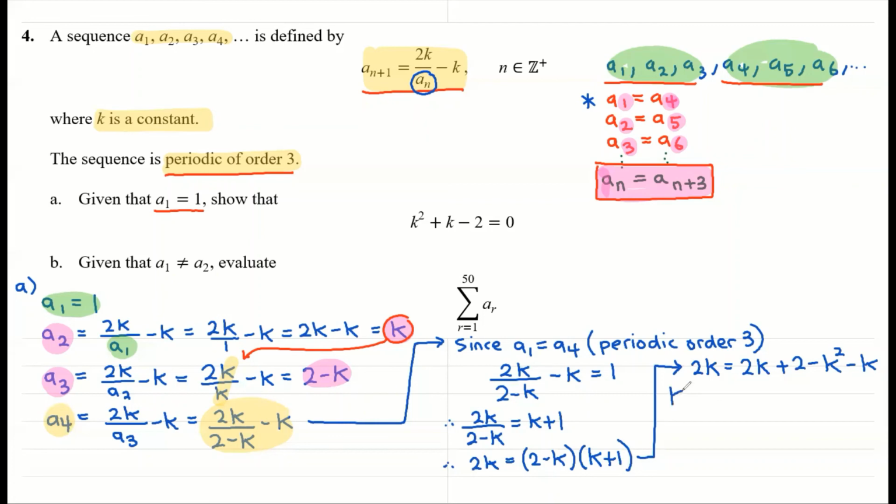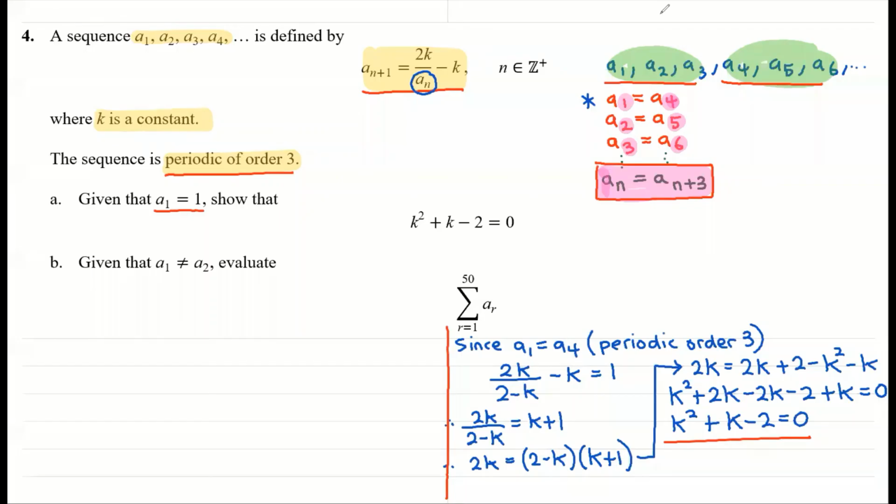So we're going to have k squared plus 2k subtract 2k subtract 2 plus k is equal to 0. Just to finish off, collect your like terms. The 2k's will cancel, but we're going to have plus k subtract 2 is equal to 0. And there we have it. We've just shown that we get this nice quadratic here. So that bit's done.